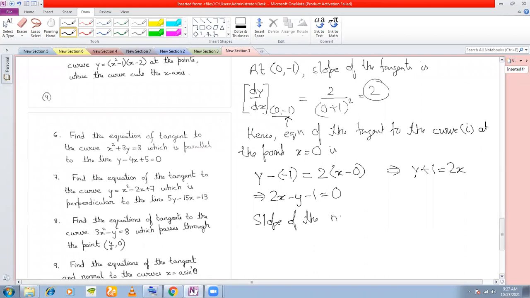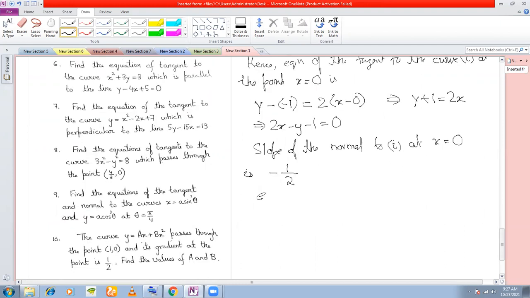Slope of the normal to the curve at x equal to 0 is minus 1 by the slope of the tangent, which is 2. So minus half is the slope.